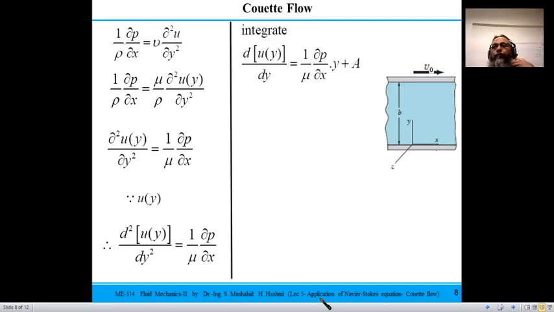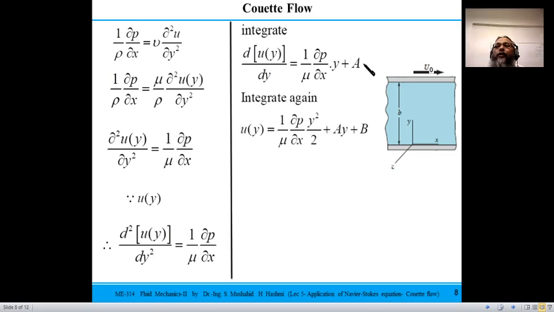Secondly, if you have to integrate this, the second derivative would turn into a first derivative, and if you integrate with respect to y, you are going to get y and some constant of integration. I have used the letter a to represent the constant of integration, and obviously we have to integrate once again in order to get the velocity profile.